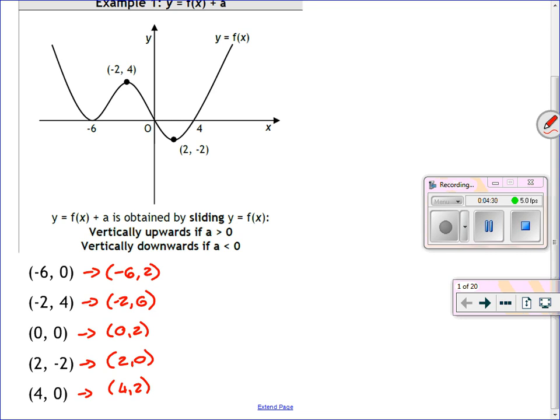So for this, minus 6, 2 is going to be approximately here. Minus 2, 6 is going to be approximately here. 0, 2 would be here. 2, 0 would be here. And 4, 2 would be here. And then all we do is use the same shape of graph.